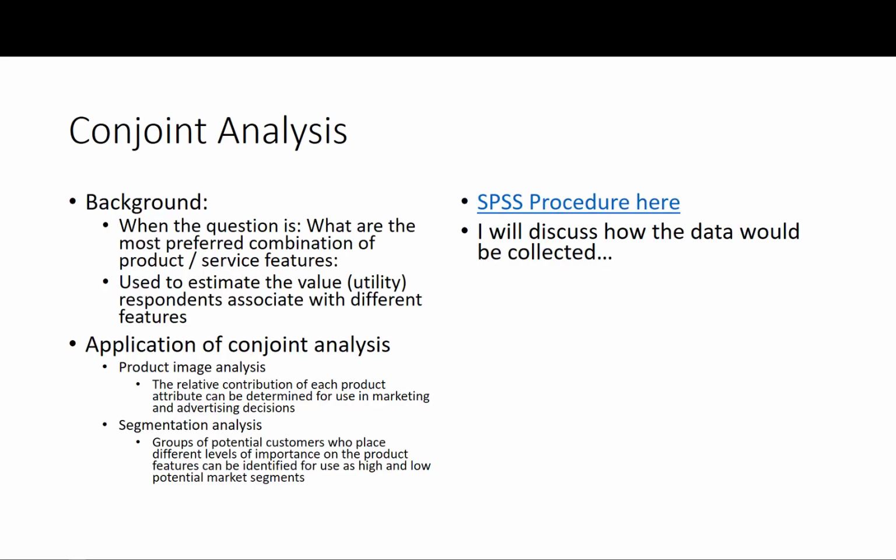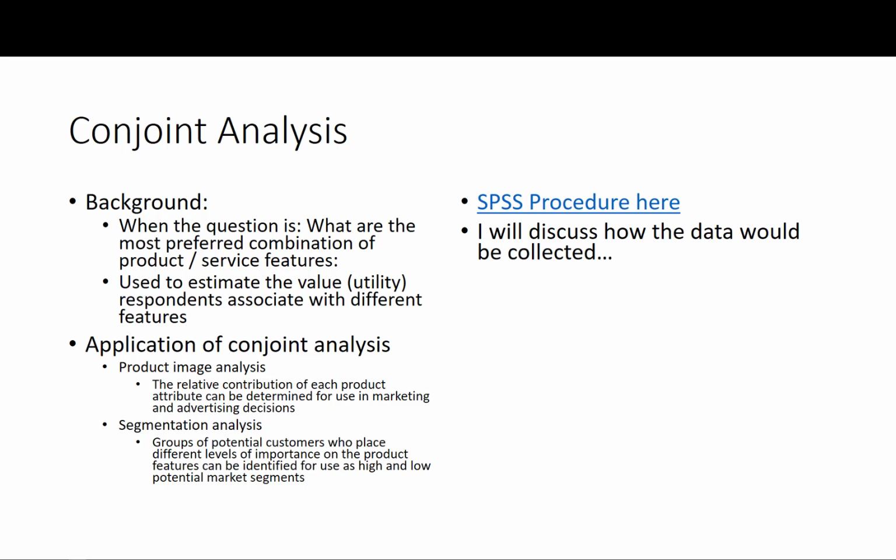So in the final bit of this video, I'm going to talk about conjoint analysis. So when the question is what are the most preferred combinations of products or service features, conjoint analysis is a very useful test to do. It's used to estimate the value or the utility respondents associate with different features or attributes.